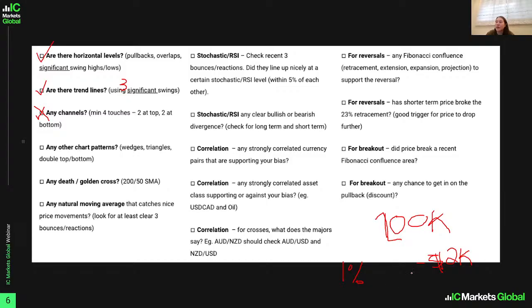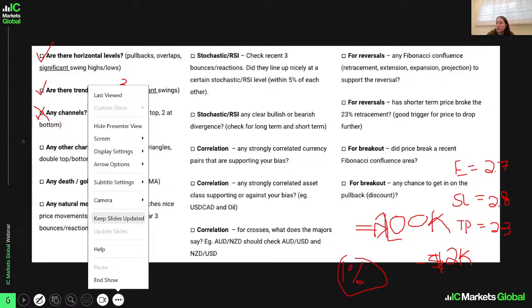I give all the details: if my entry is at 2.7, for example, my stop loss is at 2.8, for example, and my take profit is at 2.3, then what is the lot size that I can use if I'm only willing to lose 1% of a $200,000 account? Yeah, so I personally count that manually, and I do it using ChatGPT.